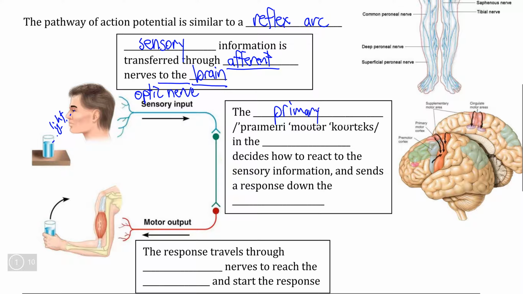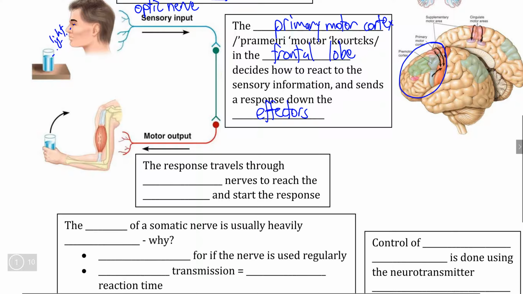Suffice to say that the center of the brain that regulates voluntary motion is what we call the primary motor cortex, which occurs in the frontal lobe of the cerebral cortex, which is the frontal part of the brain here that is largely responsible for regulating voluntary actions. And eventually, this information is going to be sent down to the effectors, in this case, the skeletal muscles that are responsible for carrying out this action.